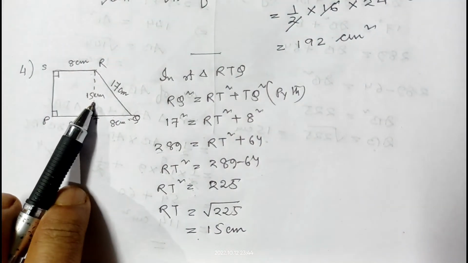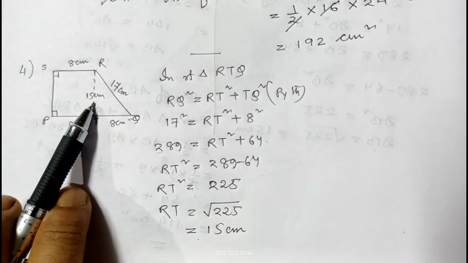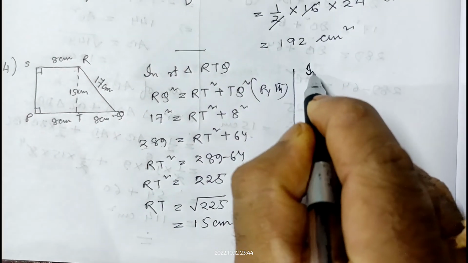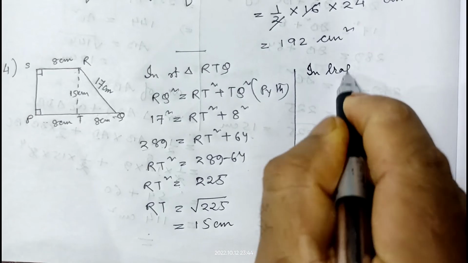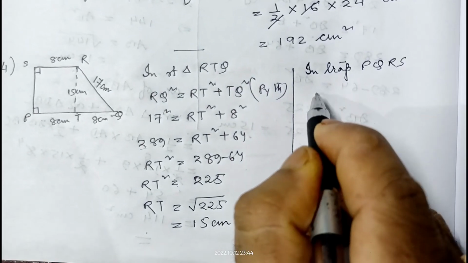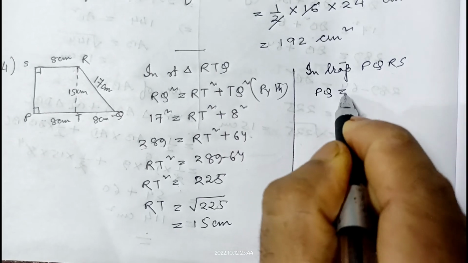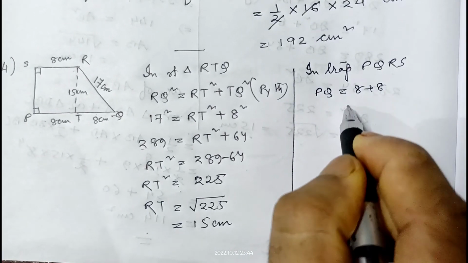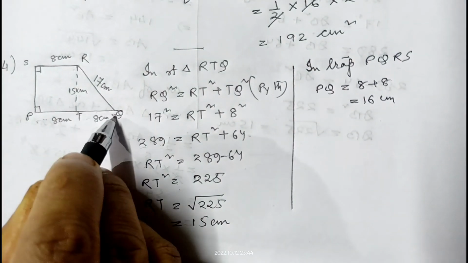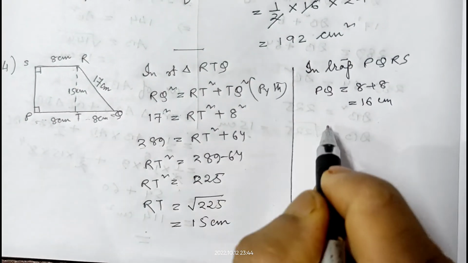Since we know the perpendicular distance, now we can apply the formula half into sum of the parallel sides into height. In trapezium PQRS, here PQ is 8 plus 8, that will give 16 centimeter, because this part is 8, this part is 8, 8 plus 8 16.